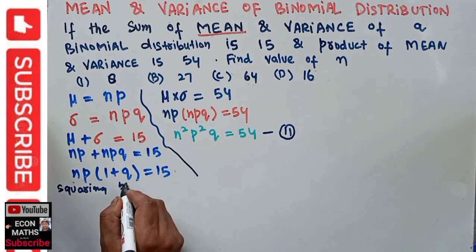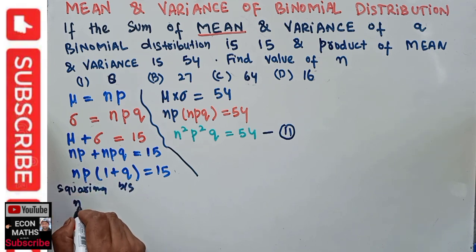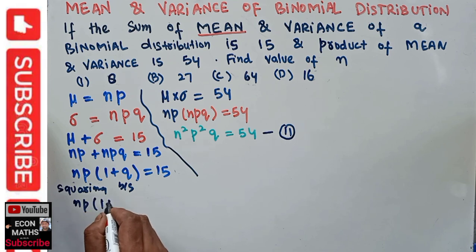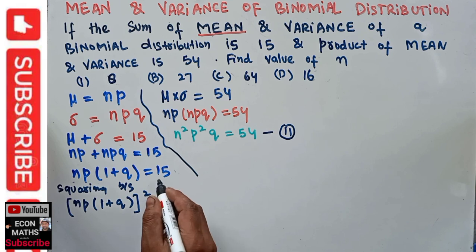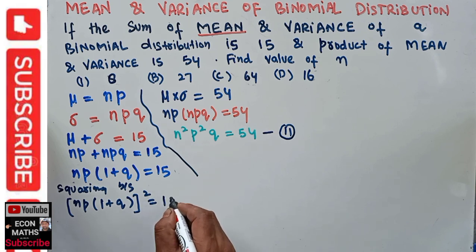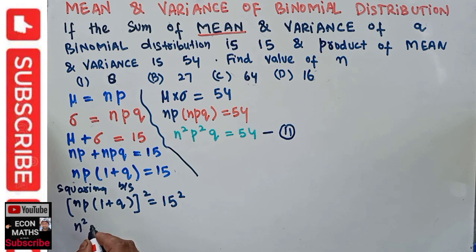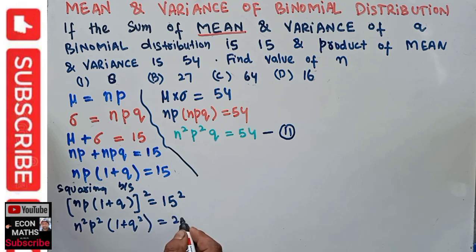Squaring this, it becomes np times (1 plus q) whole squared is equal to 15 squared. If I rewrite it, it becomes n squared p squared times (1 plus q) squared is equal to 225. Let us call this equation first.